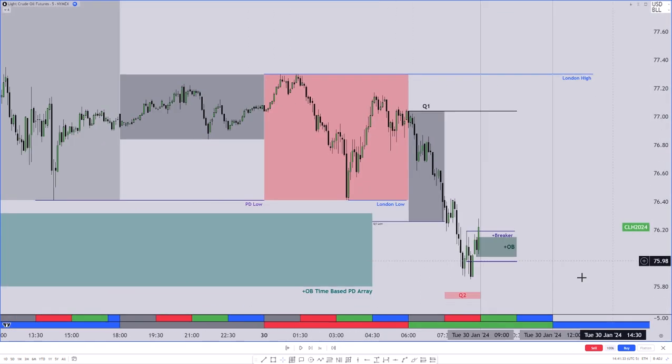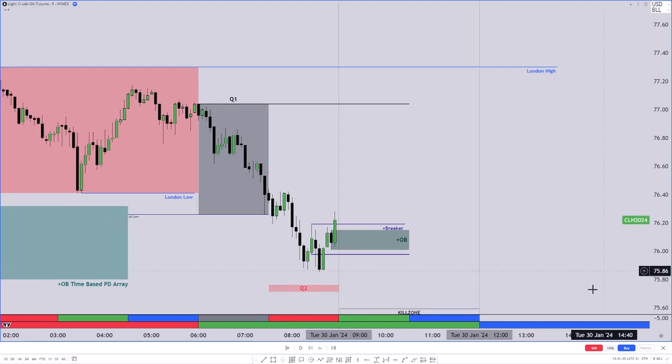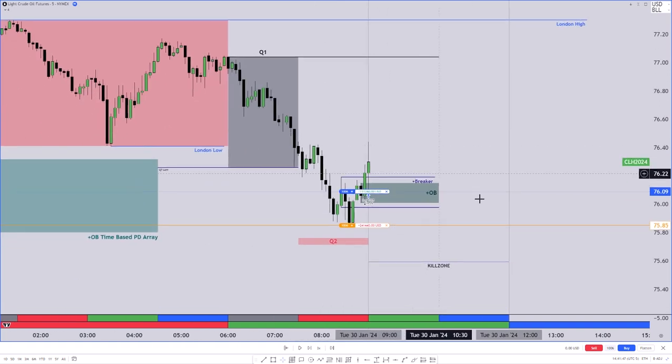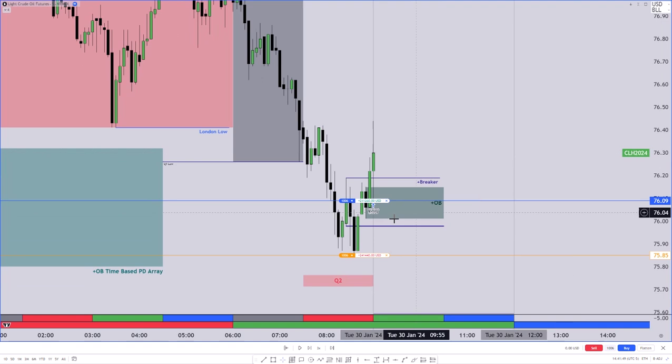Okay, let's see. Let's try going. Price taps it, so that's where we go long, right? Place our stop just below price right there. But if you want to be more aggressive, you'd initially be placing it just right there.